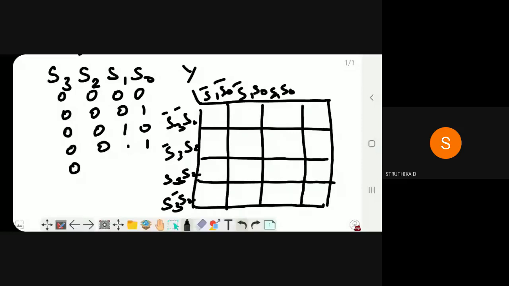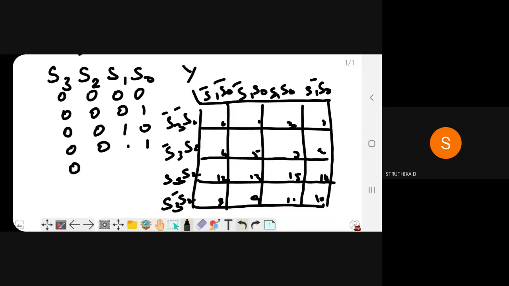Cells 0 to 15. From 10 till 15, you got the value 1 in the Y column.